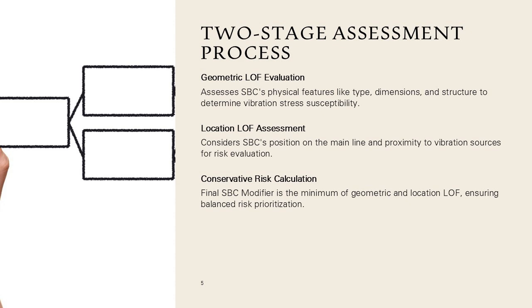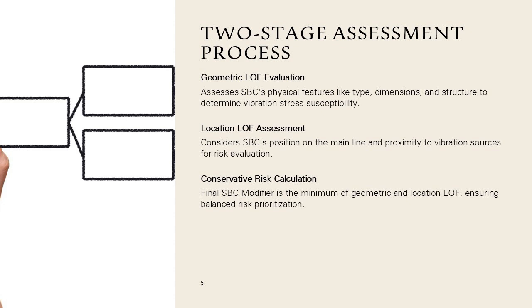Location LOF, on the other hand, considers the SBC's position on the main line and its proximity to excitation sources. The final SBC modifier is calculated as the minimum of these two values, reflecting the principle that both poor geometry and poor location must coexist for an SBC to exhibit a high likelihood of failure. This conservative approach ensures that neither factor alone disproportionately influences the risk assessment.